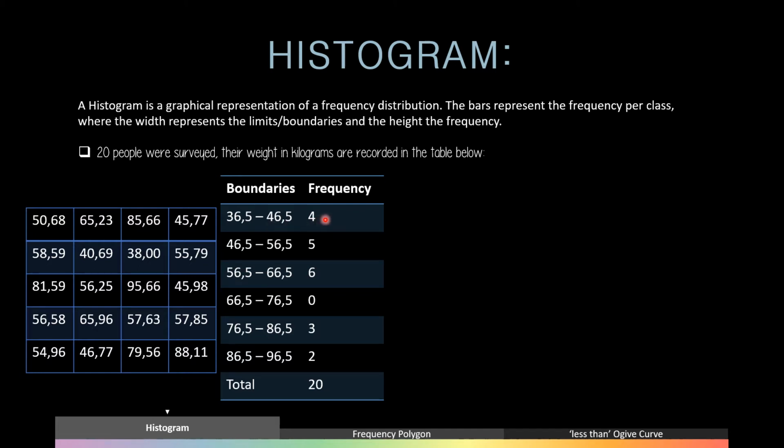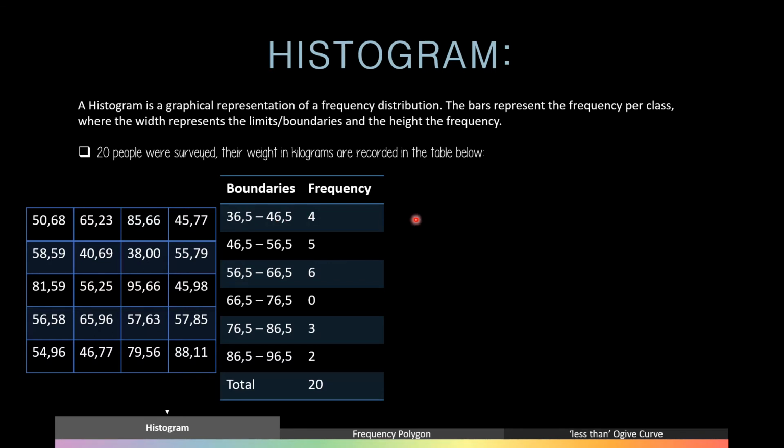So we're identifying values that are greater than or equal to our lower boundary, but less than our upper boundary. If we had a value of 46.5 in our data set, it would not fall into this class, because the upper boundary isn't included. It would fall into the next class, because the lower boundary is included. So 46.5 is not included in this class.